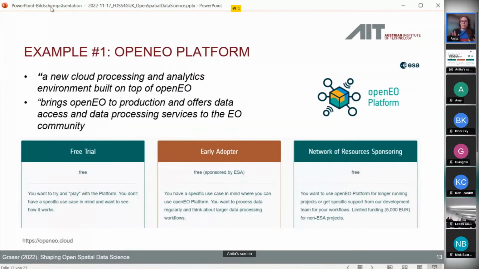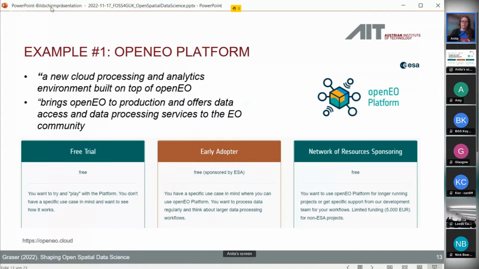There are actually some players right now in the Earth observation domain that are open source, and I want to show you two examples. One of them is the openEO platform. So you may know openEO already. It's an open source API for processing Earth observation data. And this platform, which is run by ESA, now provides these analytics as a service to the community.